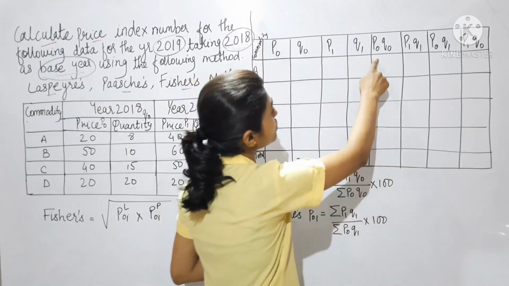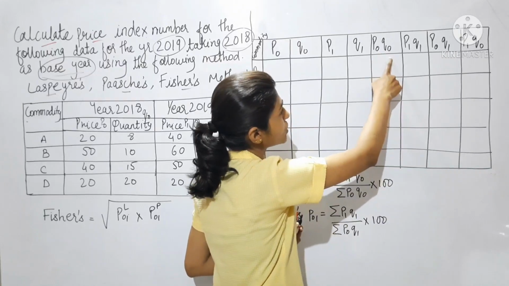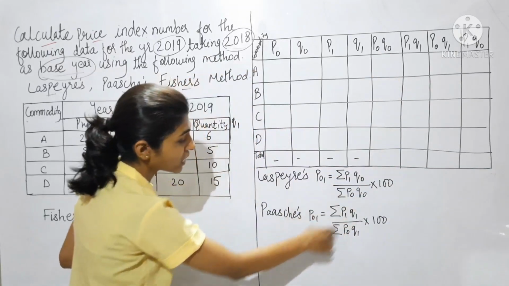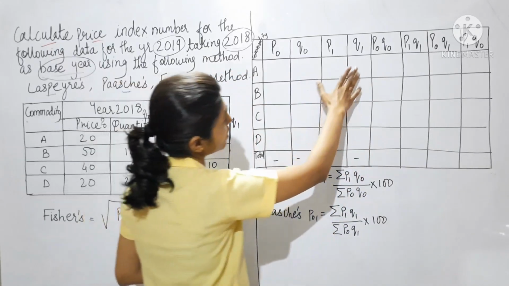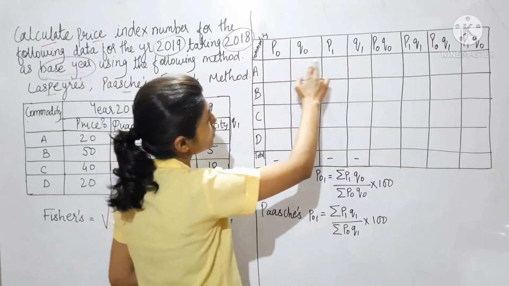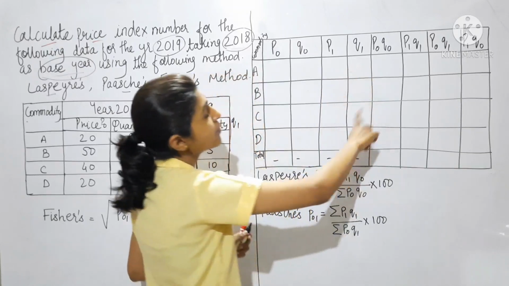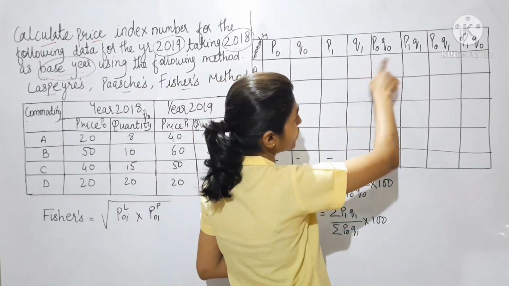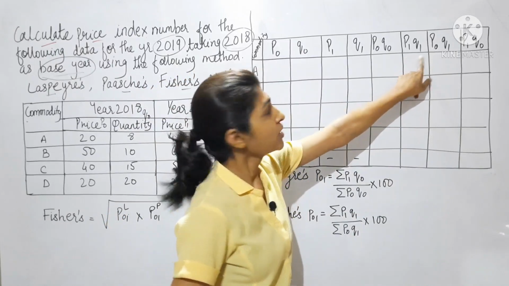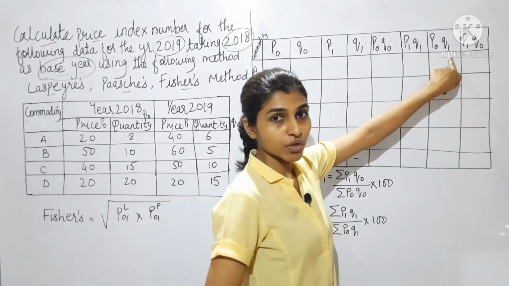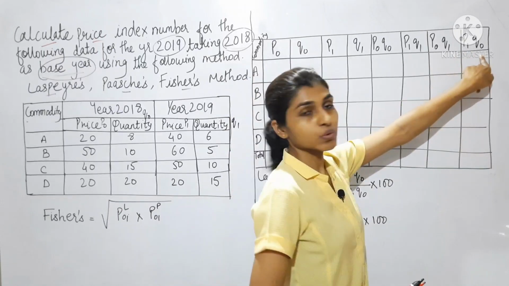Now P0 Q0 I have prepared as per the formulas. So after making these four columns, P0, Q0, P1, Q1, prepare P0 Q0, next P1 Q1, P0 Q1, P1 Q0.